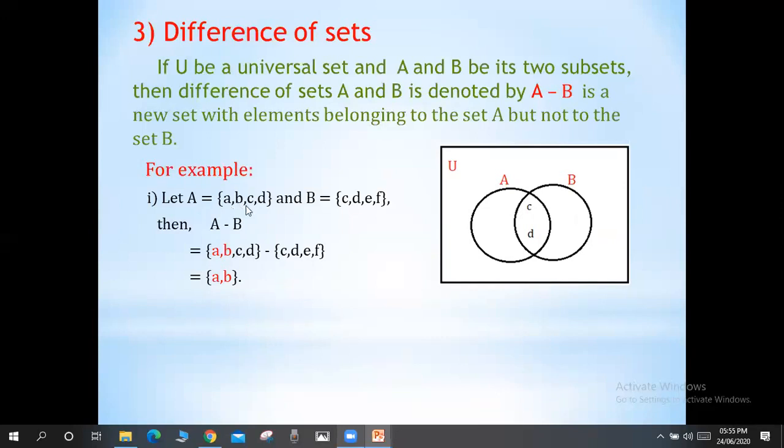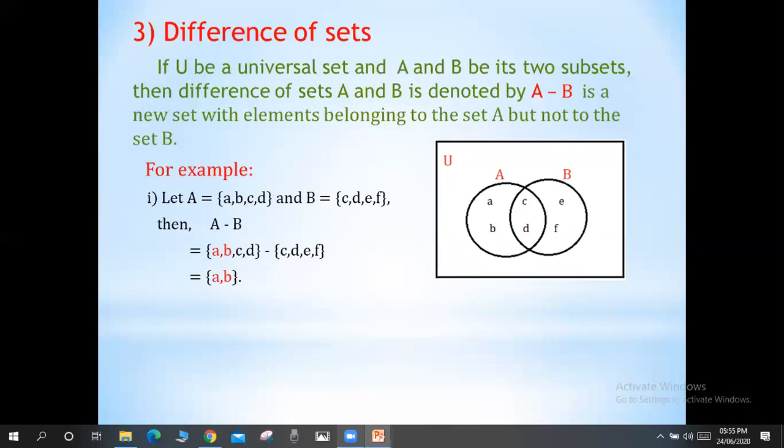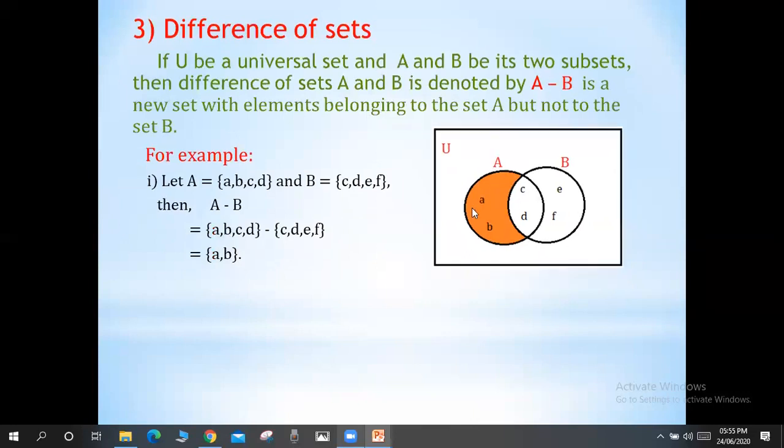A, B are the remaining elements of A, and we write them in the remaining part of A. Similarly, the remaining elements of B we write in the remaining part of B. So this shaded part represents A minus B. According to the answer, it is A, B. So this part, A, B, represents A minus B, A difference B.